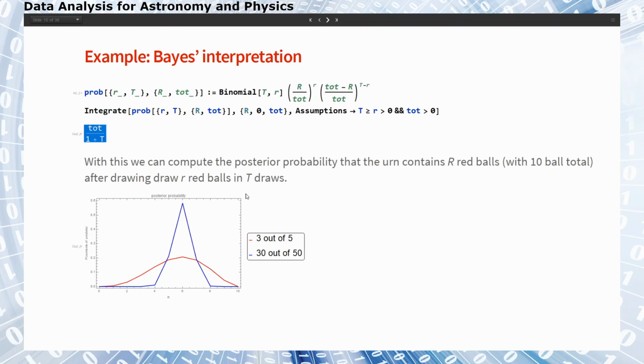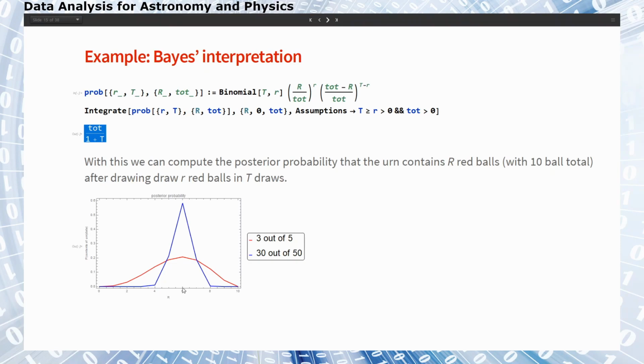And when we keep to our example, let's say we drew 3 red balls out of 5 draws. Then the red curve here gives me the probability distribution to find that we actually have 0, 1, 2, 3, 4, 5, 6, 7, 8, 9 or 10 red balls in the urn.